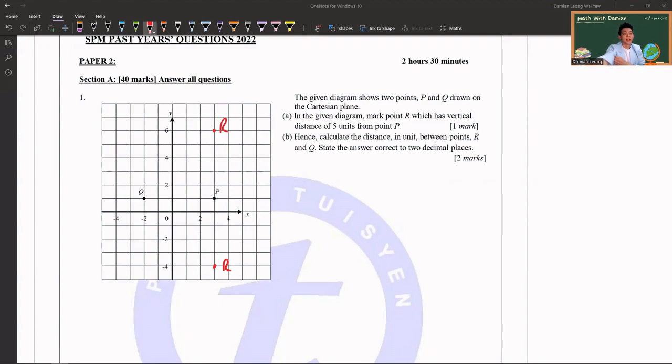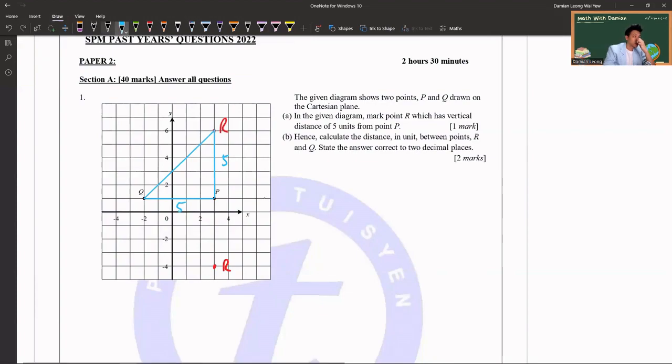Then calculate the distance in units between points R and Q. So R and Q, no matter whether it's above or below, it will still have the same distance, whereby I can form a right-angled triangle like this, between P, Q, and R. Or below here also is the same. So whereby this distance is 5, here to here also 5.